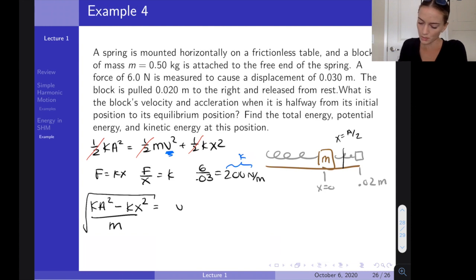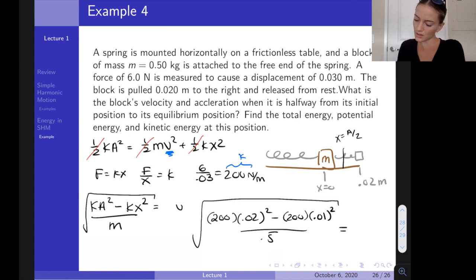All right, so now I can plug my numbers in. K, we said, is 200. A is 0.02 meters. Then we have 200 again. X here is the position that we're looking at, which is halfway, that A over 2. So we're looking at the midpoint, which is half of 0.02, giving me 0.01. And then we're dividing by the mass, which is 0.5.